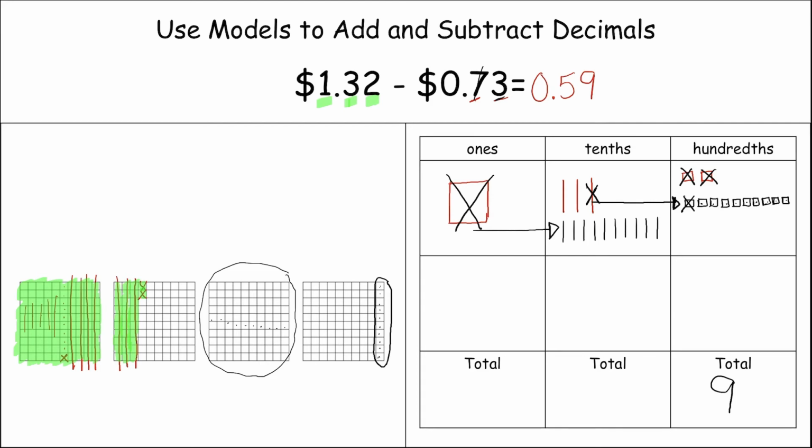Now can I take away 7 tenths? Yes, I can. 1, 2, 3, 4, 5, 6, 7. And how many tenths are left? 1, 2, 3, 4, 5. There are no more ones because we crossed that out and moved it over. So the final answer is 59 hundredths. Right?